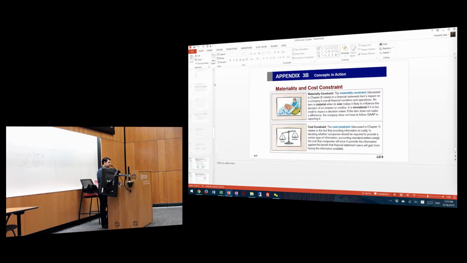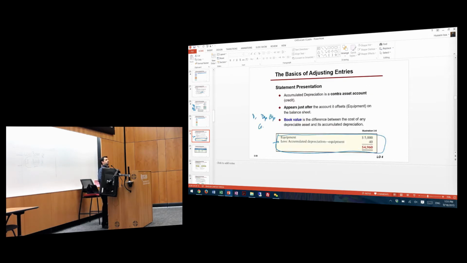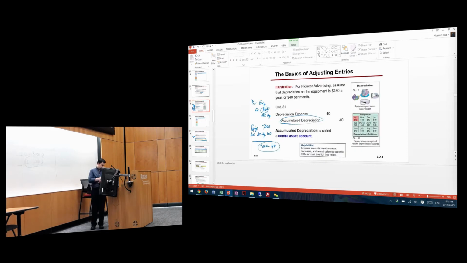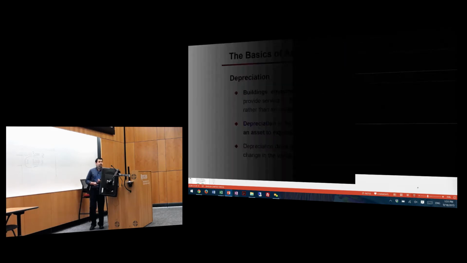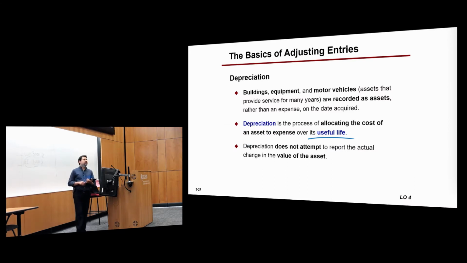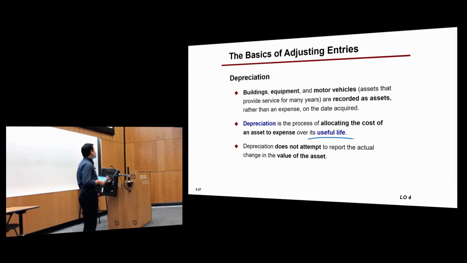Now we can continue with our lecture, right? So what did we talk about? We were talking about adjusting entries, right? Remember adjusting entries? We said that adjusting entries are important. Why? Because they will update the trial balance.